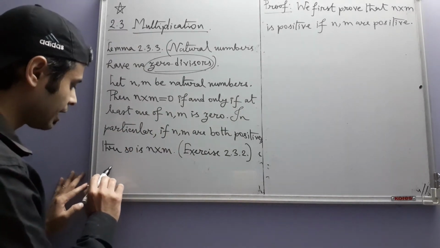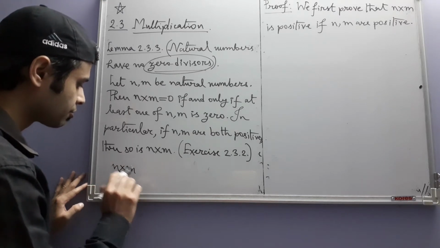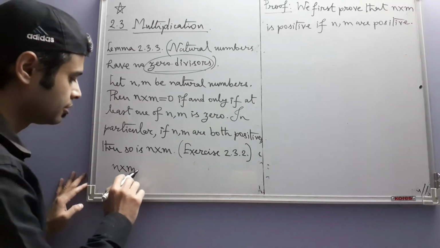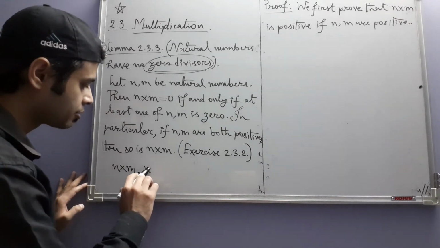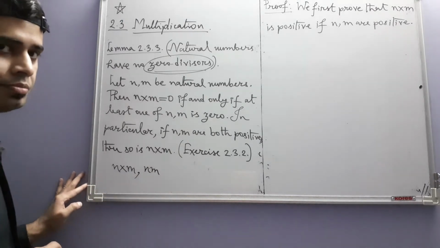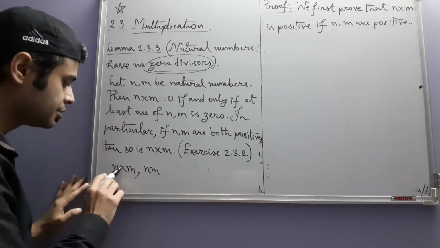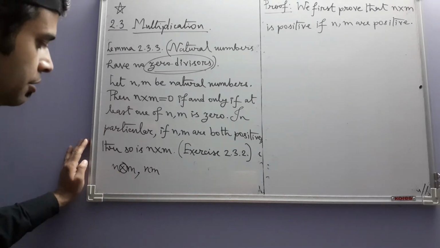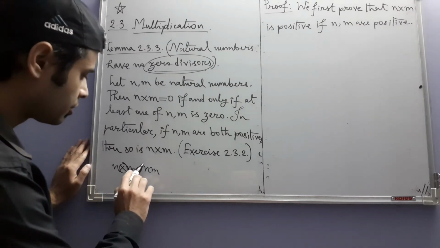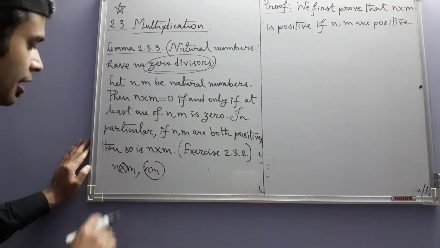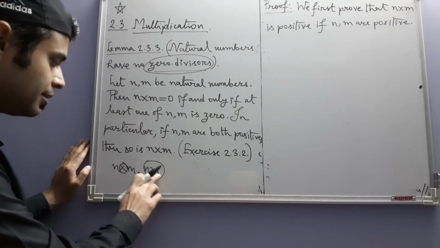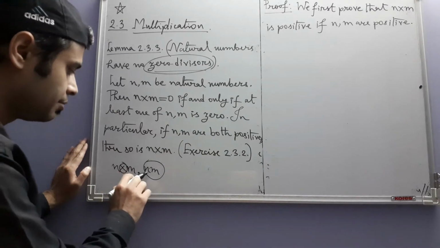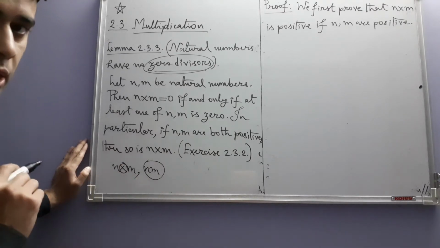So instead of writing n cross m, you may have noticed this, I am going on writing n cross m. Another simpler notation is just simply writing nm, so that I don't have to use this symbol for multiplication explicitly. Why do we do this? For ease of notation, I don't have to write multiplication, the operation. Writing two things without anything in between them, in this context, it means that they are being multiplied.